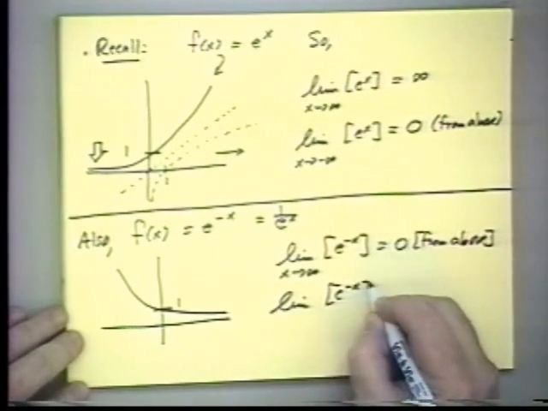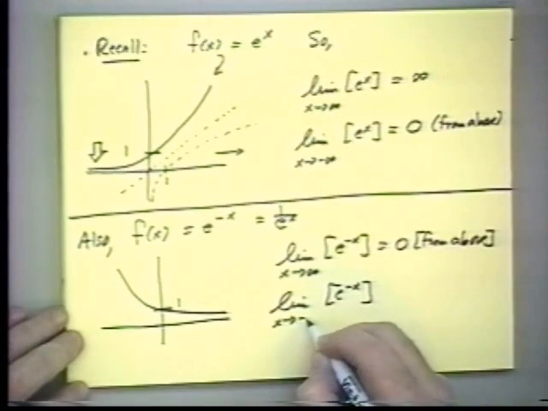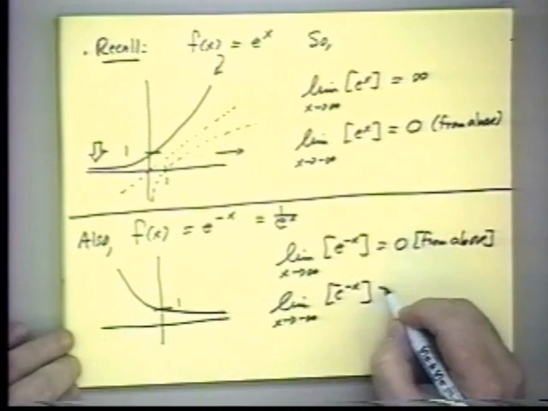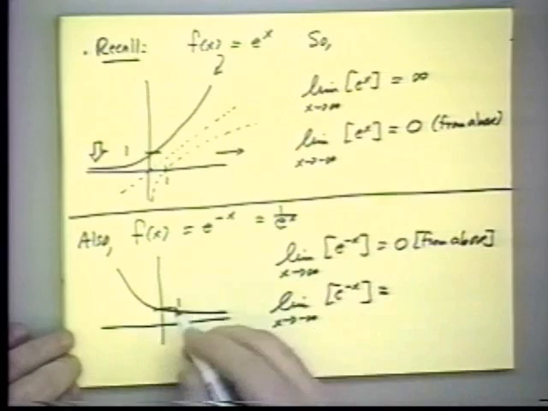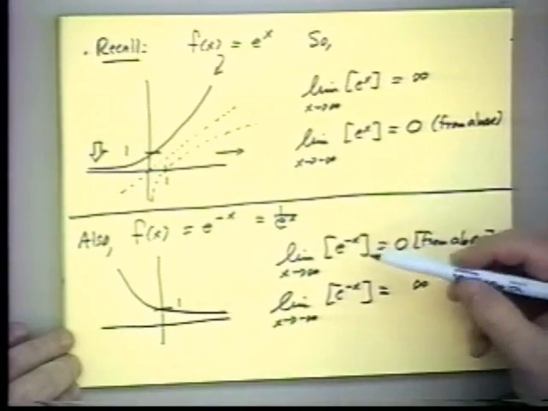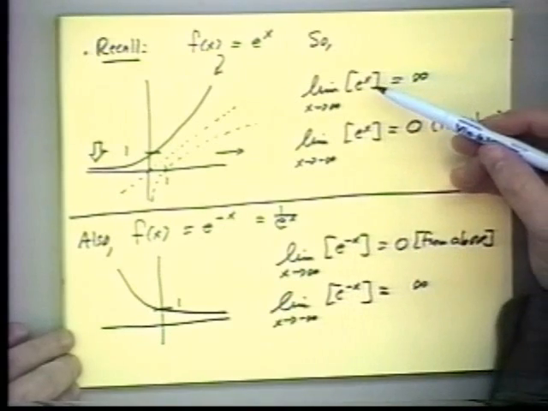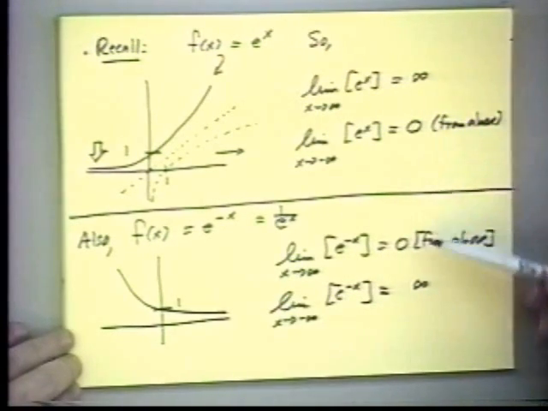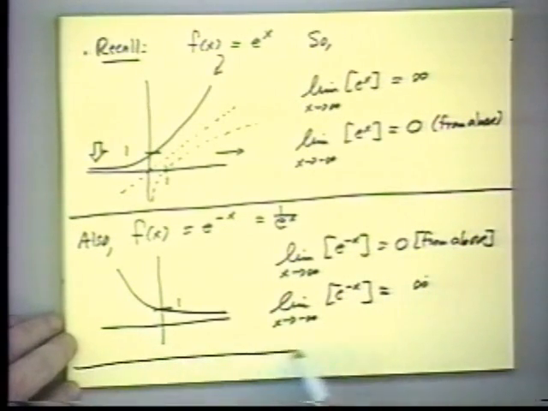And the limit of e to the minus x, as x approaches negative infinity, goes far to the left, we end up with, you can see what's happening here, it's growing to infinity. So you see, if you have e to the minus x and compare it to e to the x, they are exactly reversed in their behaviors.